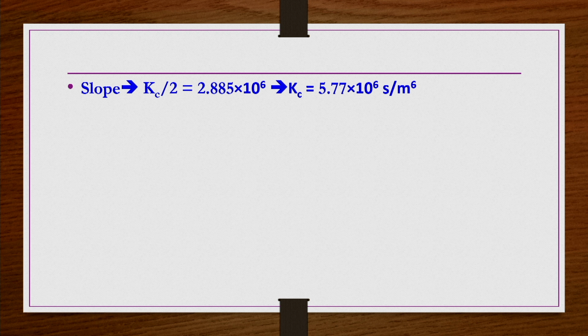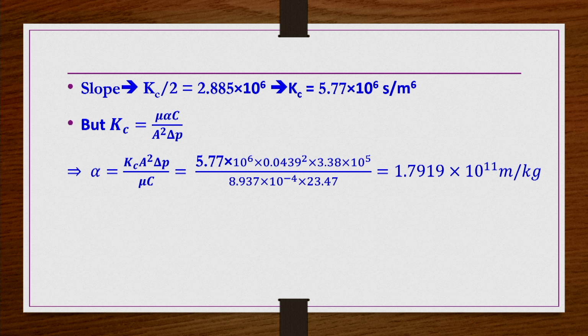Then Kc is 5.77 into 10 power 6 second per meter power 6. But we know Kc is mu alpha C by A square delta P. In this expression, except alpha everything is known. So, alpha you can write as Kc A square delta P by mu C.